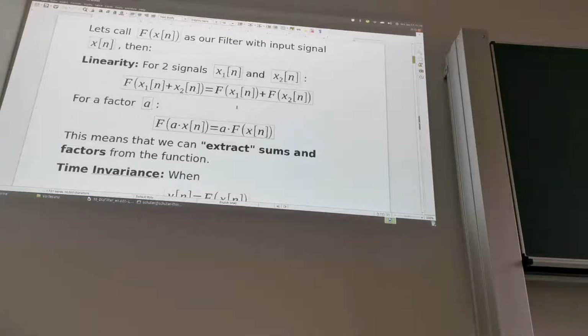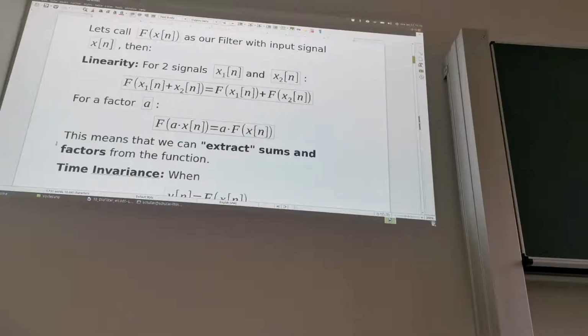So from this basically we can also deduce that we can take a factor out of this function. If you apply this L filter to a signal which has an amplification factor, for instance, then it doesn't matter if we apply this L filter to this amplified signal, or first apply this function to the signal and then amplify with the same factor.